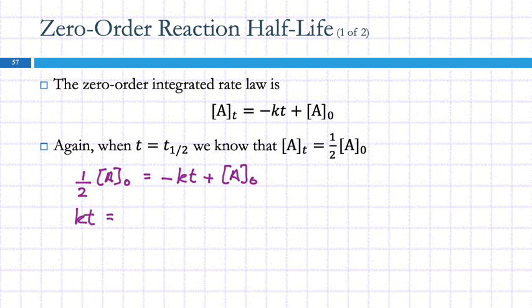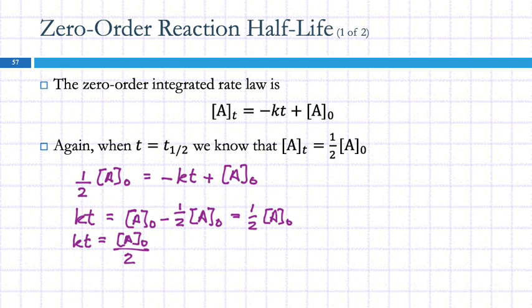So I'm going to add kt to both sides and subtract 1/2 A0 just to get rid of that negative sign. So this is equal to 1/2 A0. So kt equals A0 over 2. So t 1/2 equals A0 over 2k.